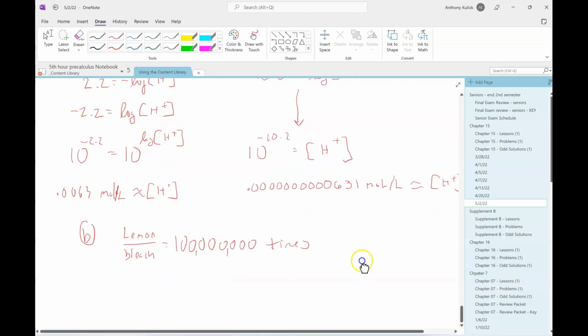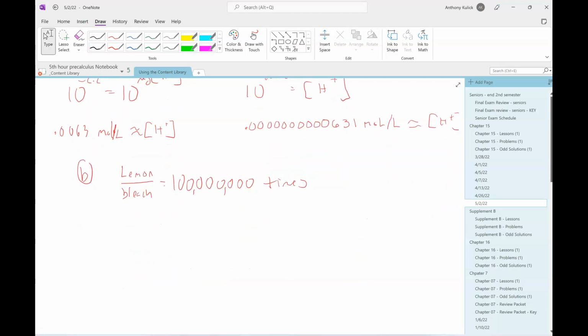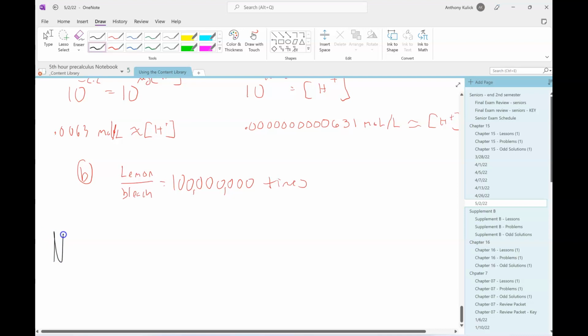All right. One more model, one more example, and then we're done for the day. All right, our last model is Newton's law of cooling.